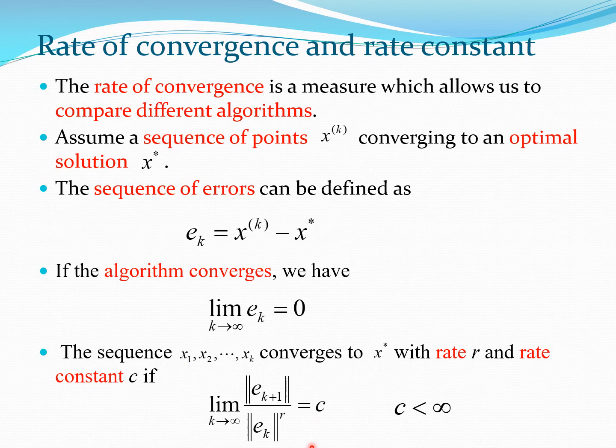This equation is very important because it defines two important parameters, the convergence rate r and the rate constant c, where c is a bounded number. We will see that r becomes very important to determine the rate of convergence. So we can talk about linear convergence, quadratic convergence, and so on. Now we are going to further peruse this equation in the next slide.